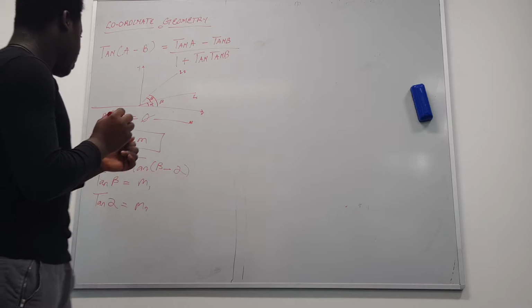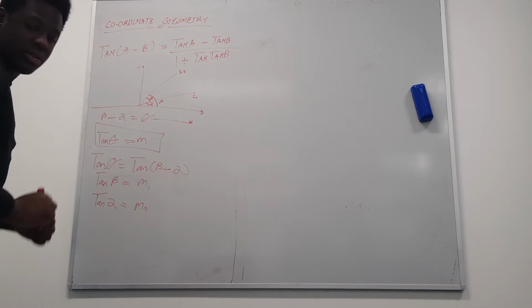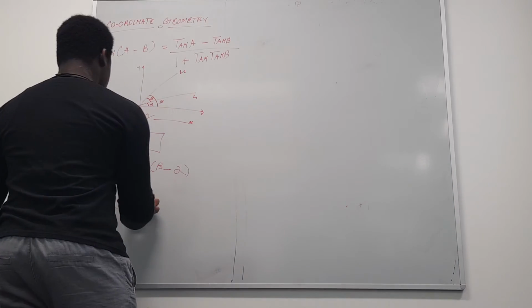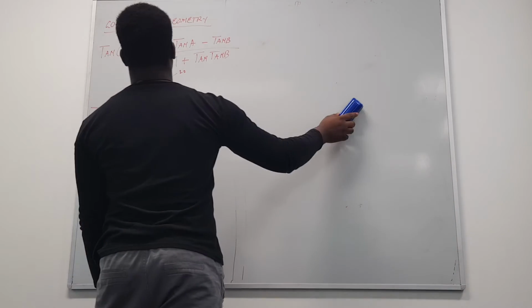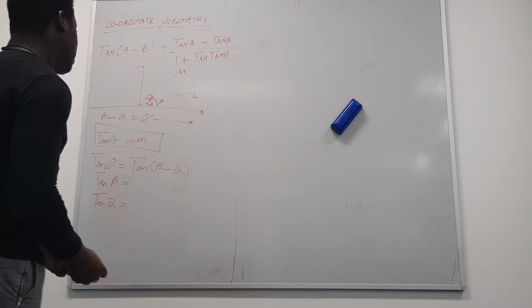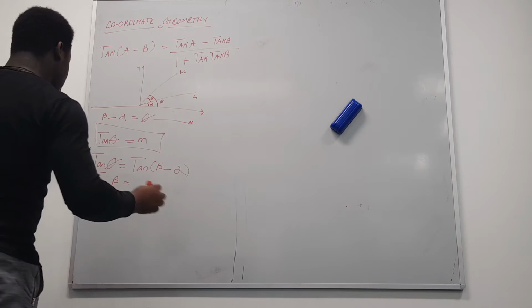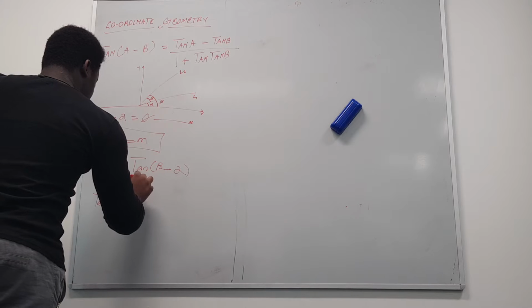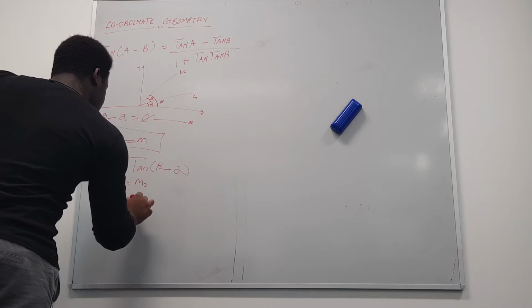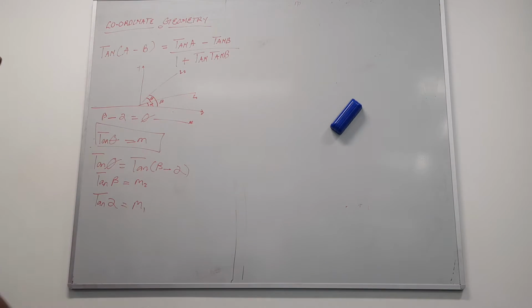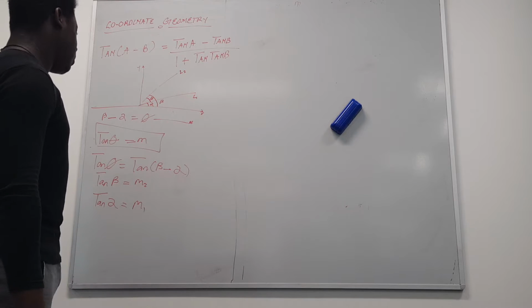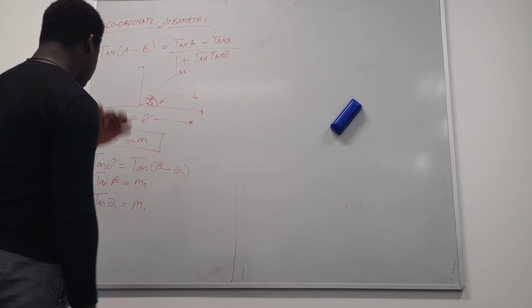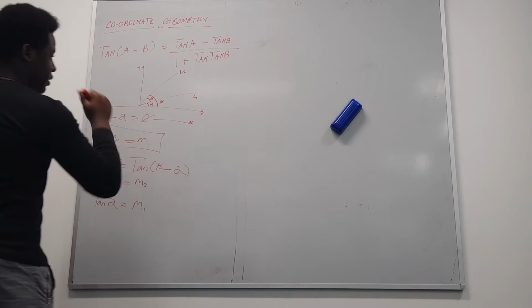I think I got that the wrong way. Tan of alpha, I got that the wrong way. It's meant to be tan beta, because beta is the angle between L2 and the x-axis. As I said before, hold on to this very tightly. I'm going to show you something about this.